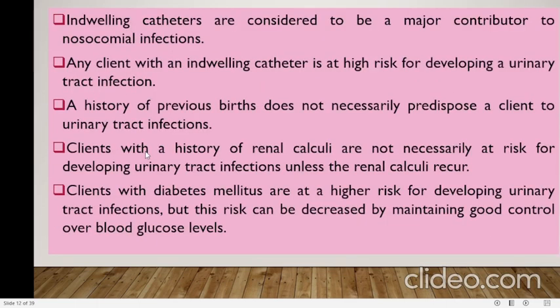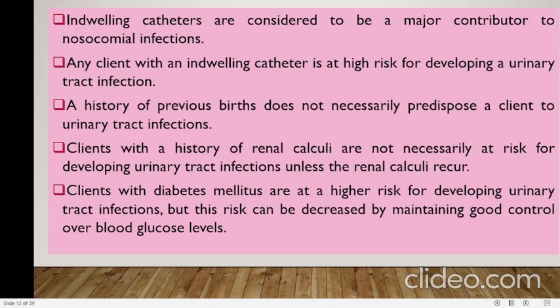So indwelling catheters are considered a major contributor to nosocomial infections. Any client with an indwelling catheter is at a higher risk for developing urinary tract infection. A history of previous birth does not necessarily predispose a client to UTI.